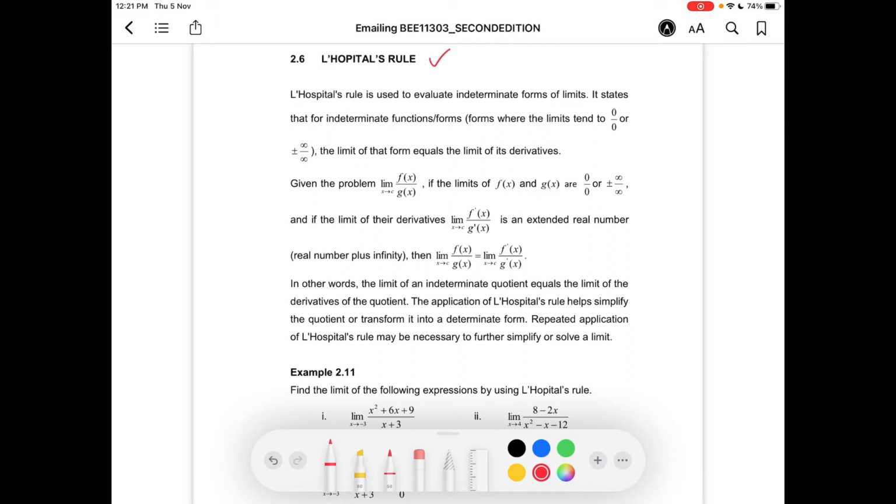So if you can recall the limits that you have learned in chapter 1, we encounter a condition like this, 0 over 0, or plus minus infinity over infinity.